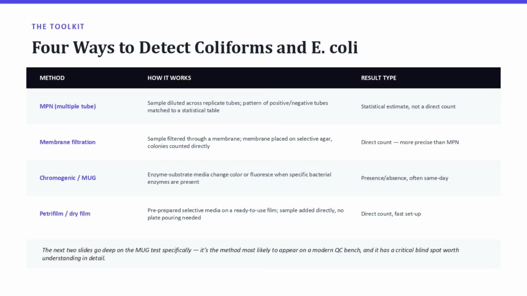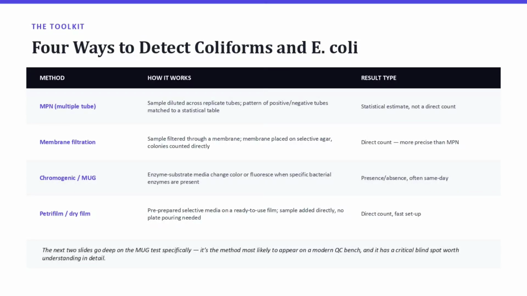Let's look at the toolkit for different ways to actually detect coliforms: MPN, or multiple tube method. Sample is diluted across replicate tubes, and the resulting pattern of positive and negative tubes gets matched against a statistical table. This gives you a statistical estimate, not a direct count. Membrane filtration. Sample is filtered through a membrane, and that membrane is placed on selective agar, with colonies counted directly.